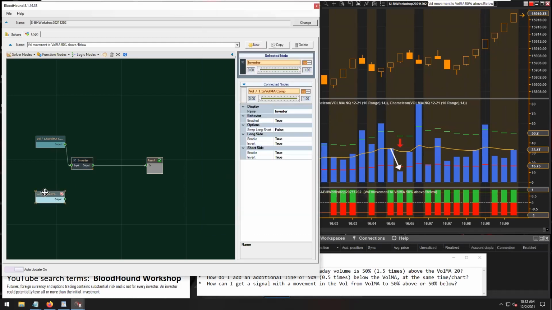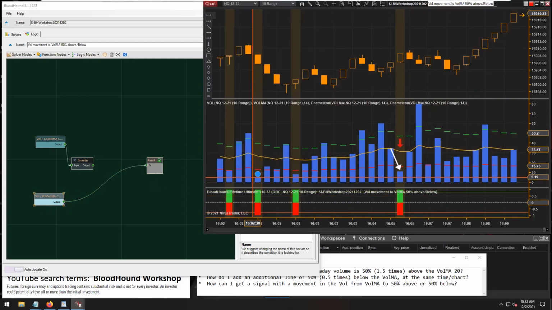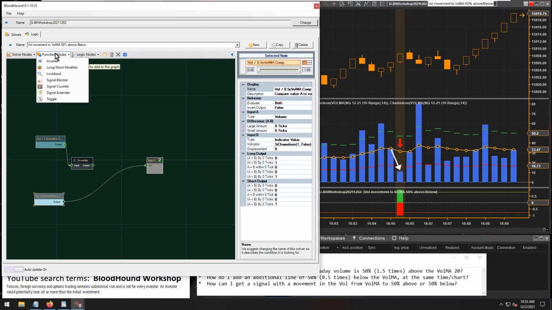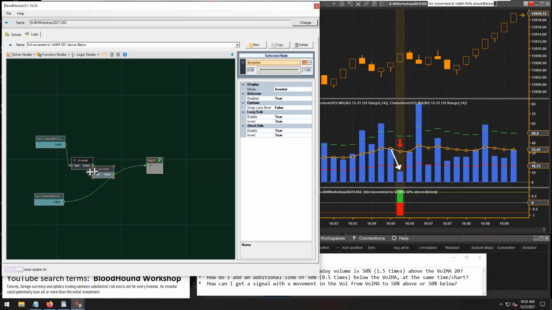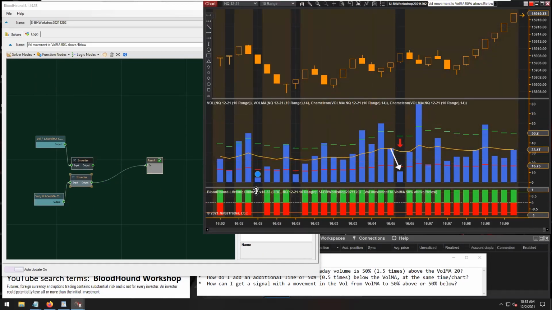So we now will have to take this comparison solver down here, and again, we want the opposite of this condition. We want all the volume bars that are above the 50% of the volume MA. So we're going to do the same thing. We're going to take another inverter here, connect that in. If we look at that, there we go.